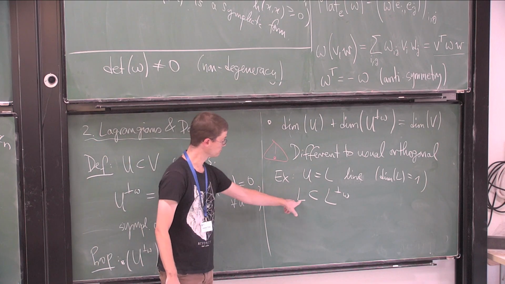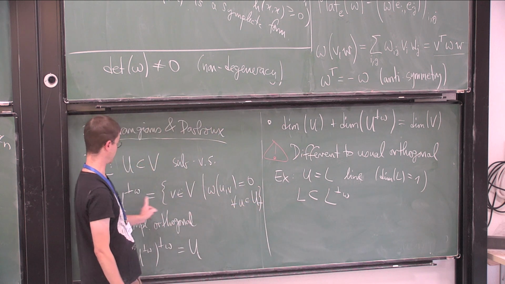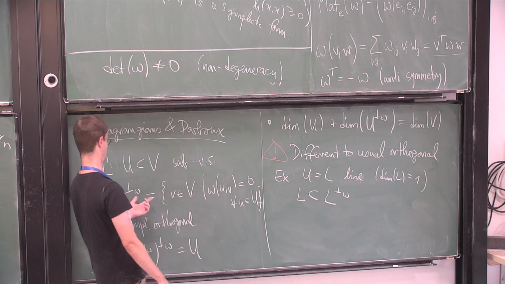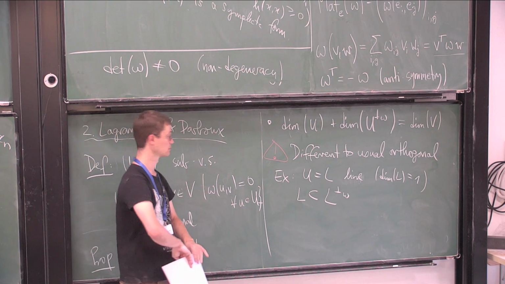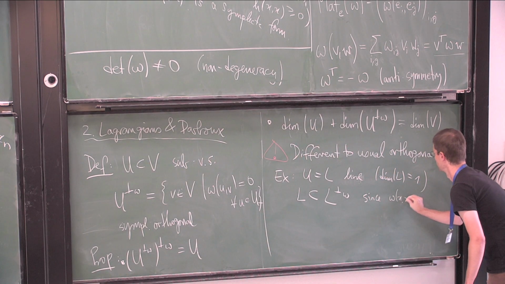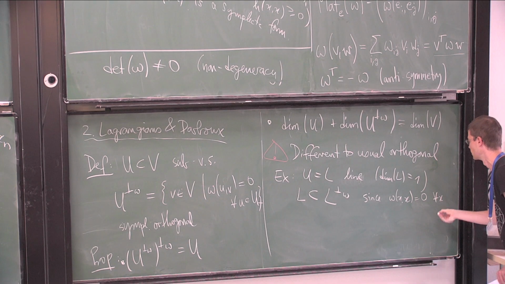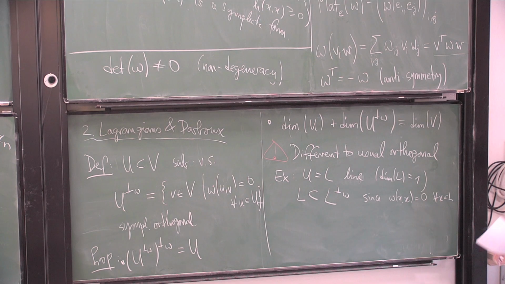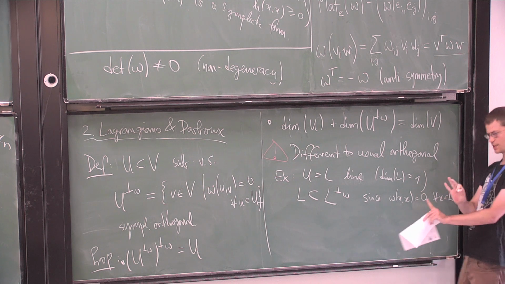So if I take a vector x which generates the line, then x should appear in the orthogonal, since omega of x, x is 0. Actually for all x, in particular for an x in L.